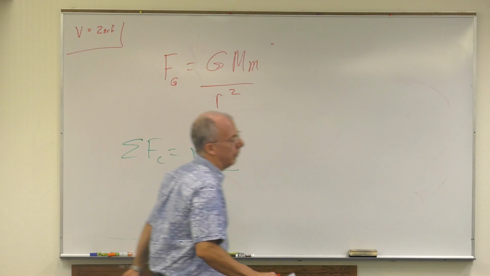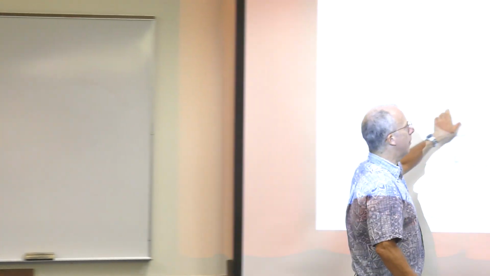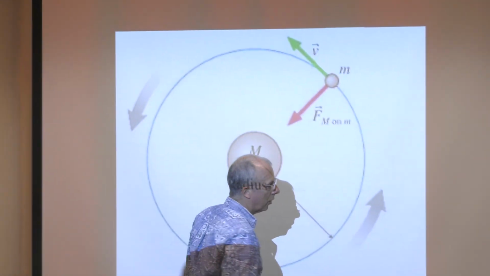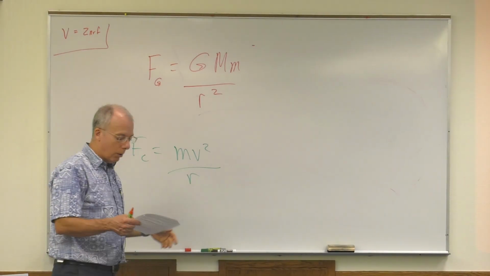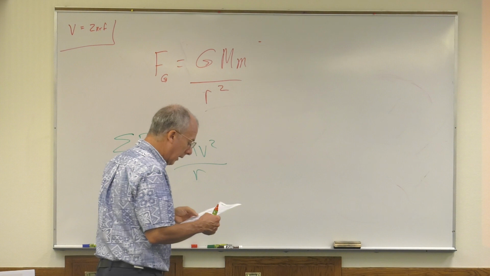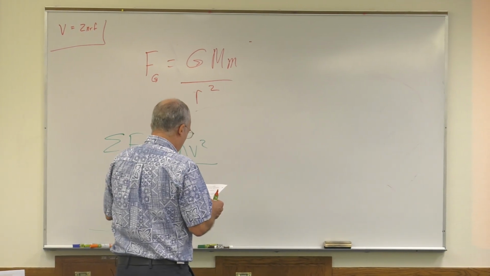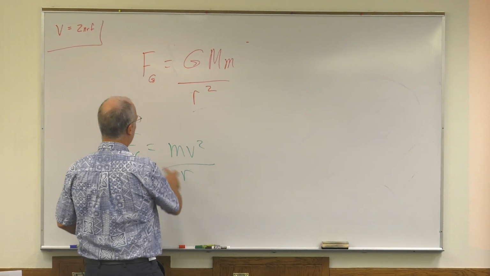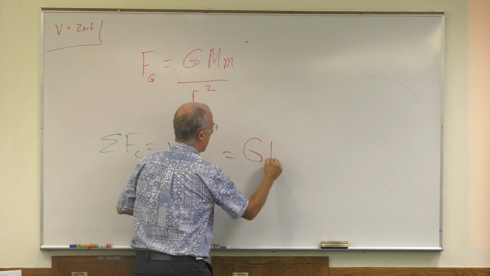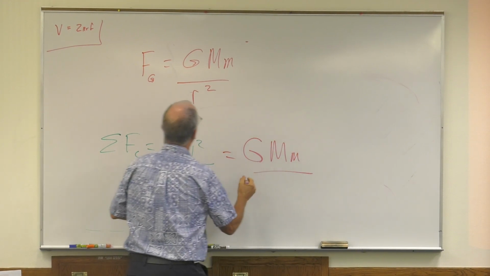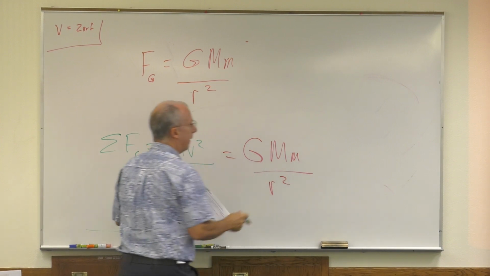We have two m's, uppercase M and lowercase m. Which one is undergoing the circular motion? The lowercase m. That's why I was careful to write lowercase m there. So now what is the centripetal force? It's that: G uppercase M, lowercase m, over r squared.